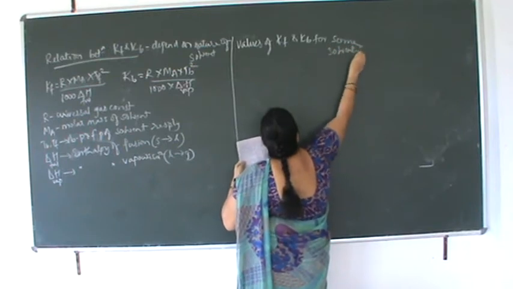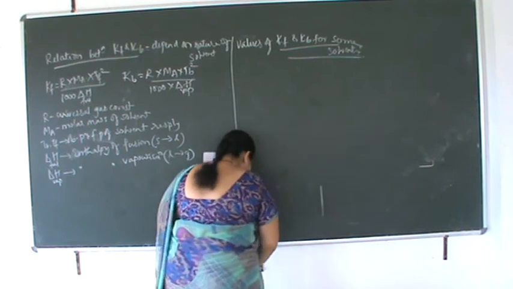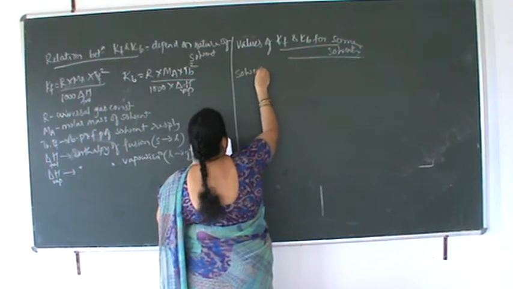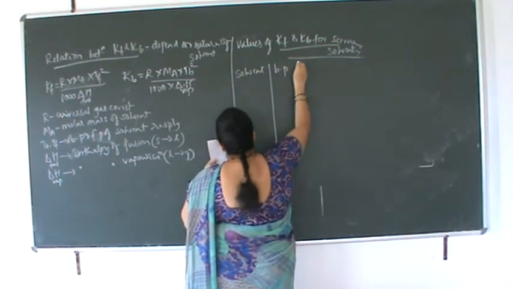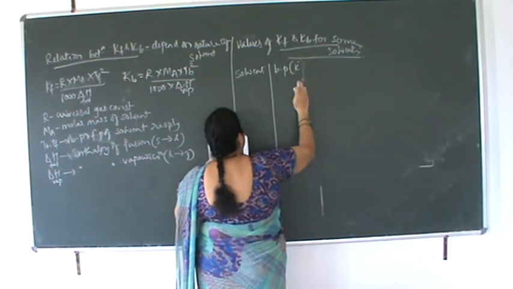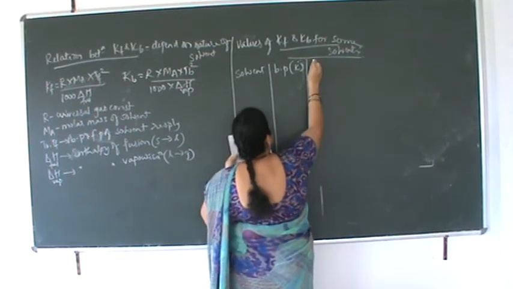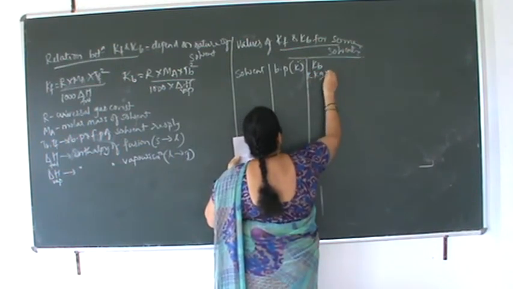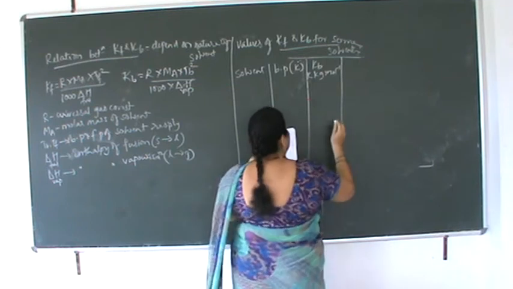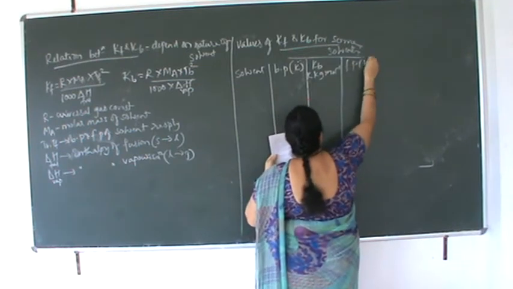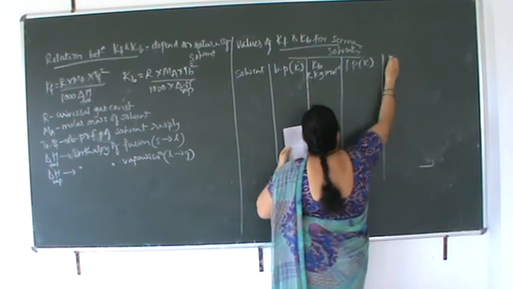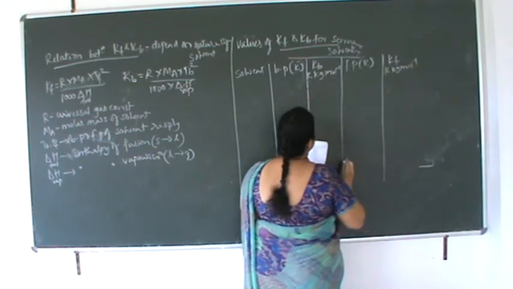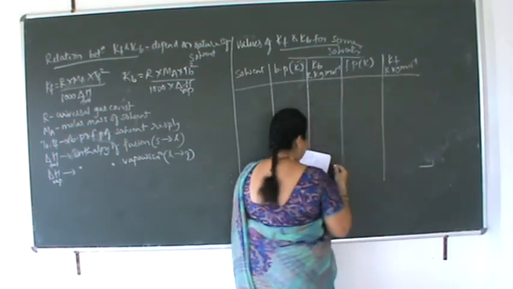Here the first column is solvent, then the second column is boiling point in Kelvin, third column is Kb in units of Kelvin kg per mole, then freezing point in Kelvin, then Kf in Kelvin kg per mole. This is the table I want to draw.